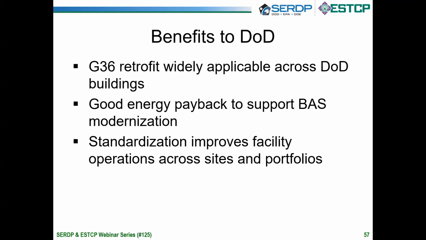We hope this can support, or I think it's likely to support, some building automation system modernization, particularly for buildings that still have pneumatic zone controls, but also for others. And then the standardization can definitely improve facility operations, particularly when you have large sites and portfolios where you can have standardized training and knowledge about how buildings are operating.